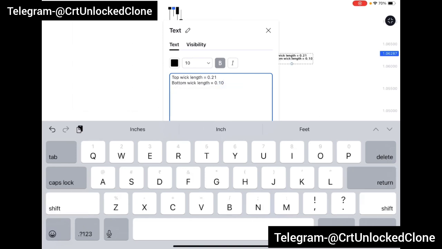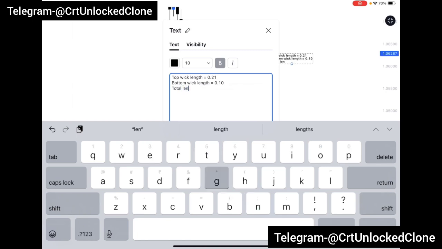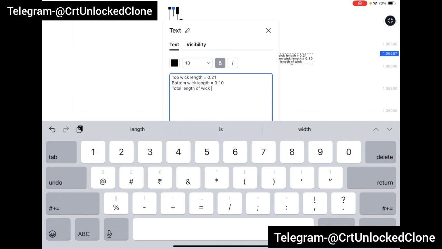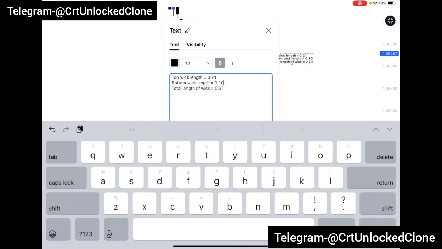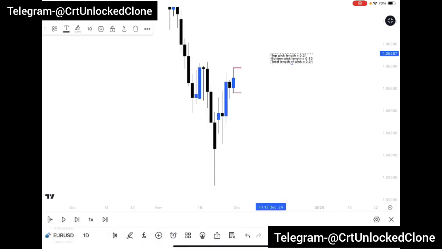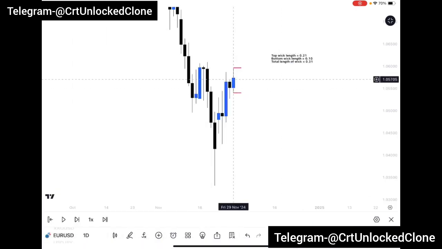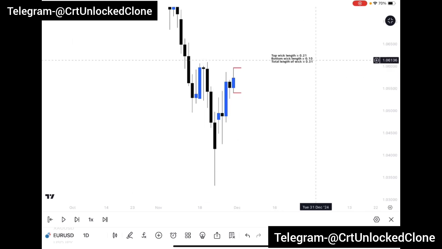So now the total length of wick is equal to 0.31. So now the wick length of this particular candle is 0.31.